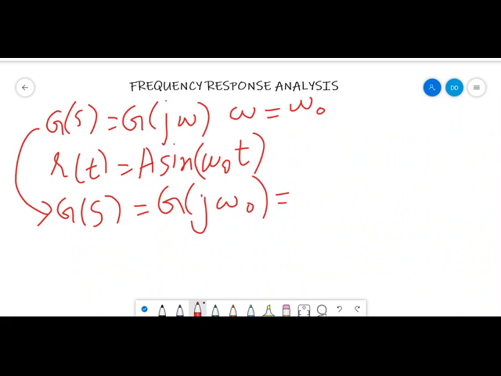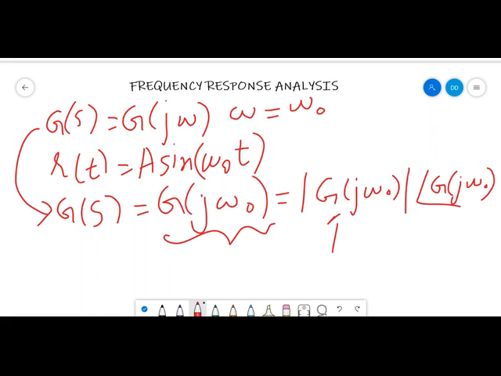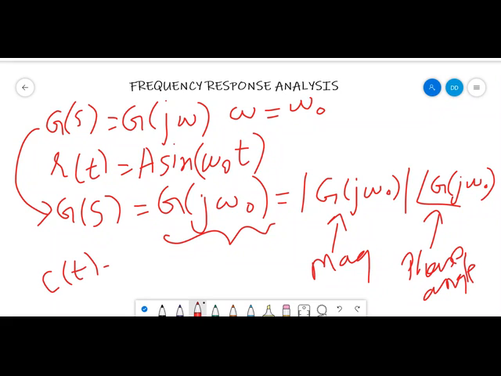So if we write in terms of magnitude and phase angle of the system, then this can be written as magnitude of G of j omega naught and angle of G of j omega naught. So we can express G of j omega naught in terms of magnitude and phase angle. Now we need to obtain C of t, which is R of t into G of j omega naught.